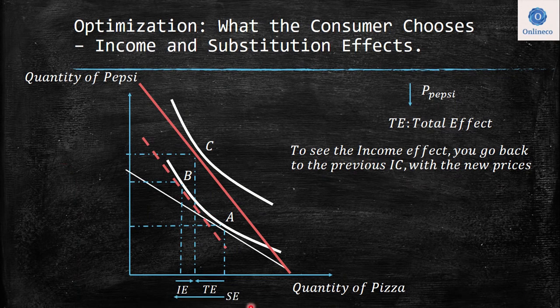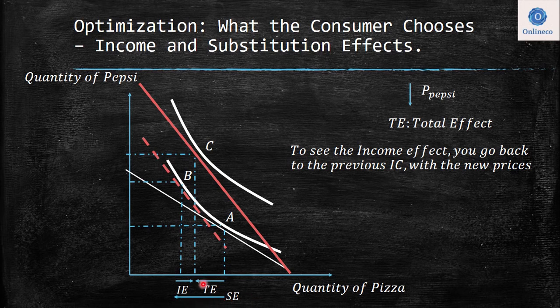Here is the substitution effect. This one, A to B, was negative. And due to the income effect, remember, due to that situation you are richer, this is positive because you will consume more because you are richer. But due to the relativeness of the Pepsi price, naturally you will consume more Pepsi than pizza. So this is the substitution effect.